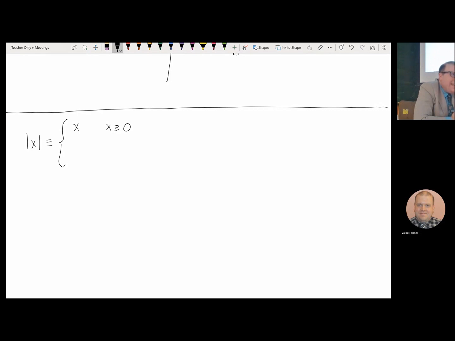If you throw in a negative number, what does the machine spit out? Right? So if you throw in -3, if you throw in -10, how do you get 10 from -10? Negative x.